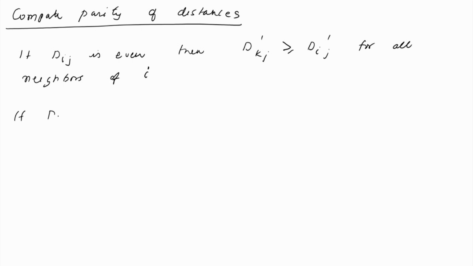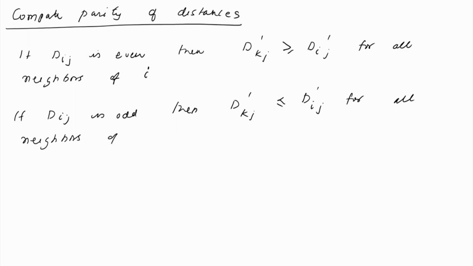And if dij is odd, then d prime kj is going to be less than d prime ij for all neighbors k of i, and there will exist a k such that d prime kj is less than d prime ij. Okay. So, we are giving a condition by which we can ascertain whether dij is even or odd. Let us see why such a statement is true.